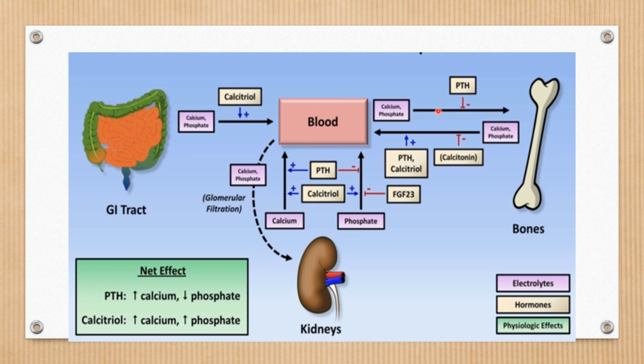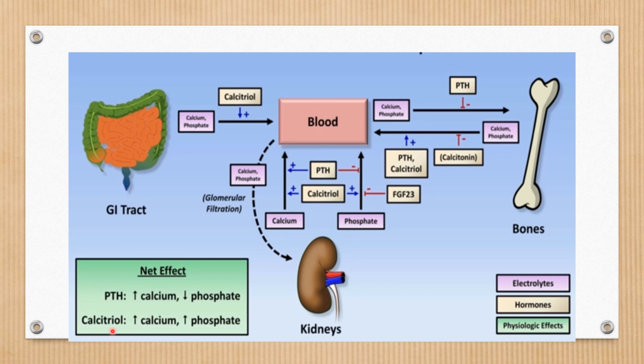So by inhibiting bone formation and stimulating bone resorption, it increases the calcium level in blood. Similarly, in the kidney, parathyroid hormone stimulates the reabsorption of calcium from the kidneys.